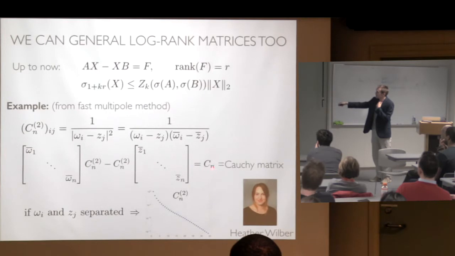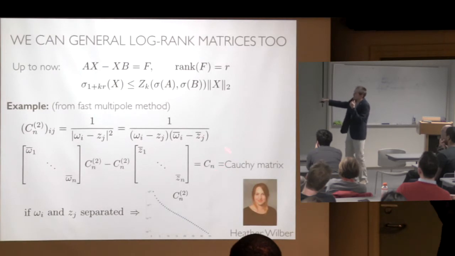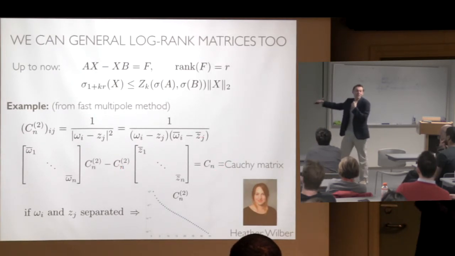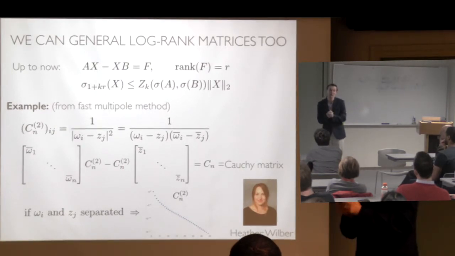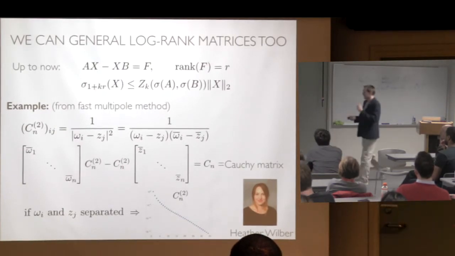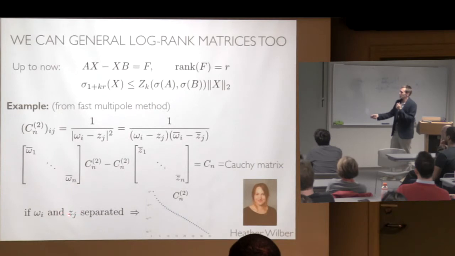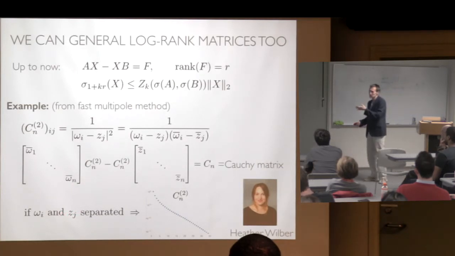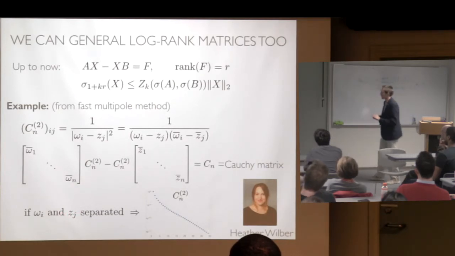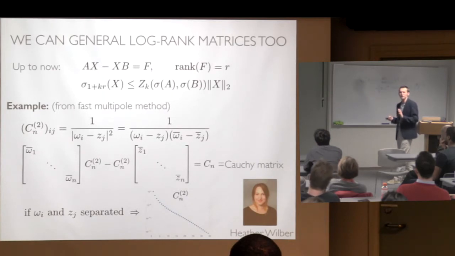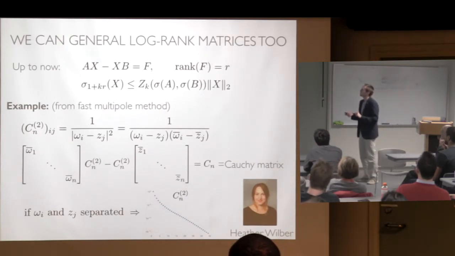And we already know that the singular values of the Cauchy matrix decay. Heather can use that to get to better singular value decay for the 1 over r squared kernel, which I really care about, provided all these things are separated. So this is explaining fast multipole, if we're going to go into that. But I'm going to give a lecture on that very soon in Math 6140, about how this gets you to fast multipole.